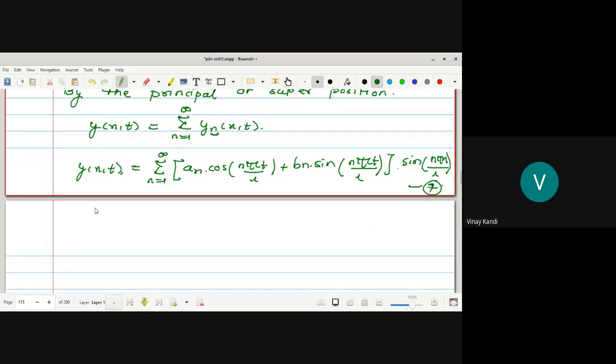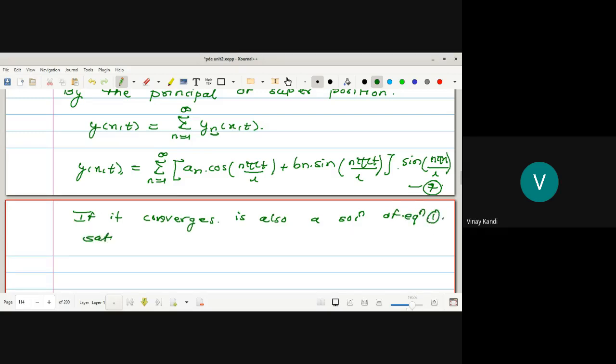Okay, now this is the series. So if it converges, okay, a series converges when its value is a finite value. Okay, if it converges it is also a solution of equation 1, satisfying boundary condition 4.